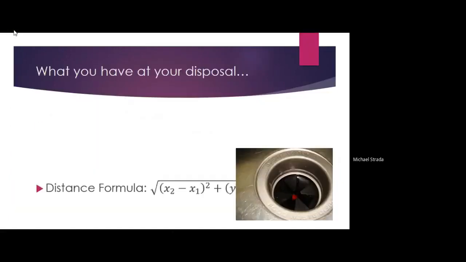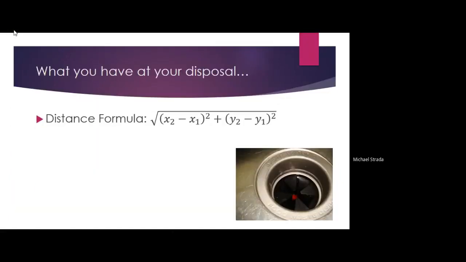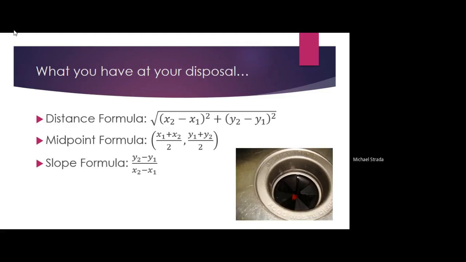You have at your disposal the distance formula, which is the square root of x2 minus x1 squared plus y2 minus y1 squared. You have the midpoint formula, which is x1 plus x2 over 2, y1 plus y2 over 2. And then finally, you have the slope formula, which is y2 minus y1 over x2 minus x1.